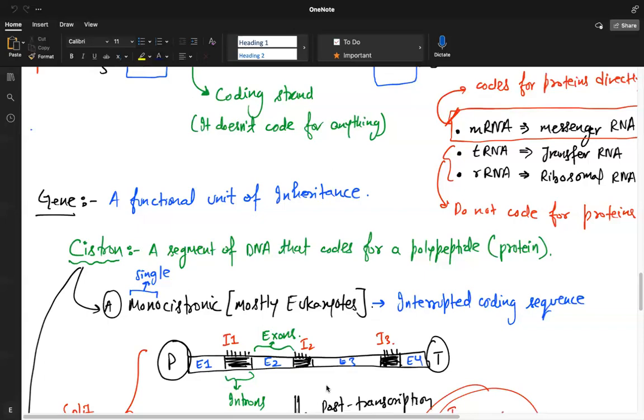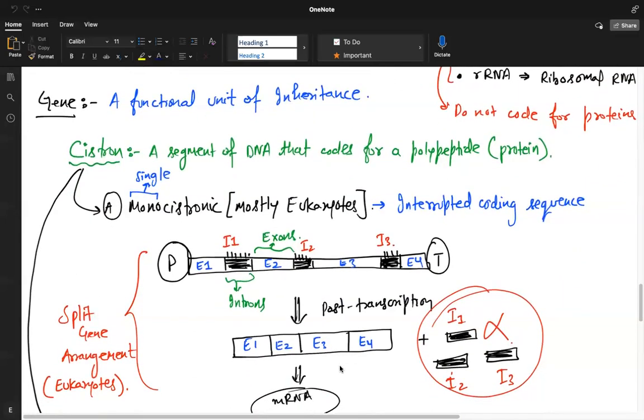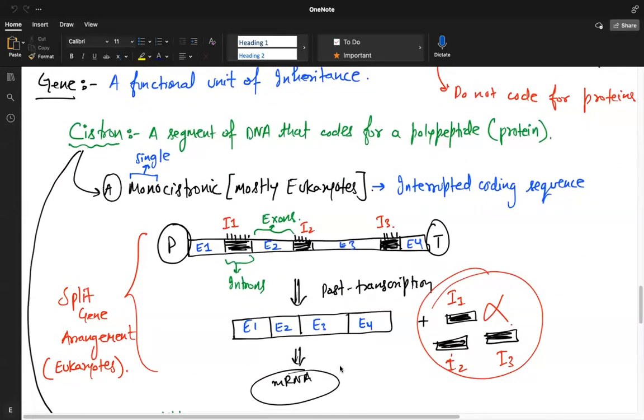After post-transcriptional processing, these introns will be removed and only exons will be present, and then mRNA will be formed. So the sequence of only exons is present in mature RNA, and it isn't present in the immature one.